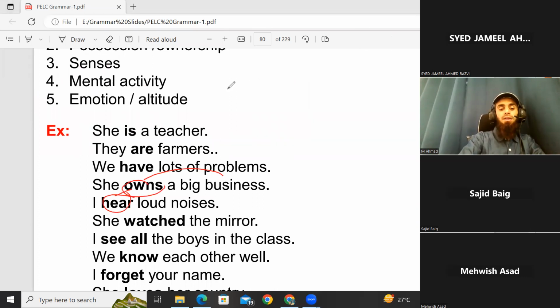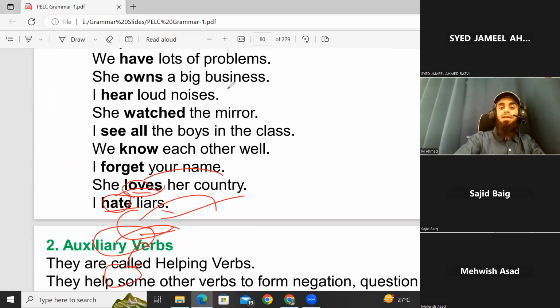I heard loud noises. She watched the mirror. Now watching, staring, looking, and seeing, all of these are stative words, right? Watching, seeing, looking, staring, and thinking, imagining. See all the boys. We know. I forget. Actually, looking, seeing, just observing, thinking, imagining, these are actually not actions.